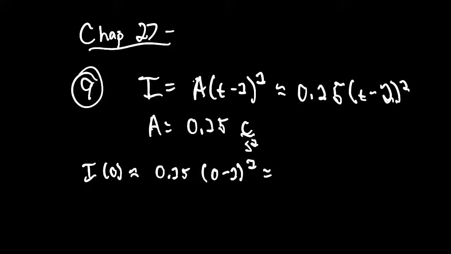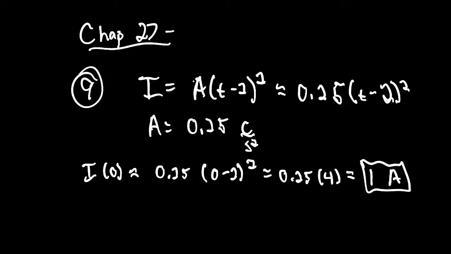Positive, because negative times negative gives you positive. 0.25 times 4. What's 1/4 times 4? 1. And what are the units? Amps.